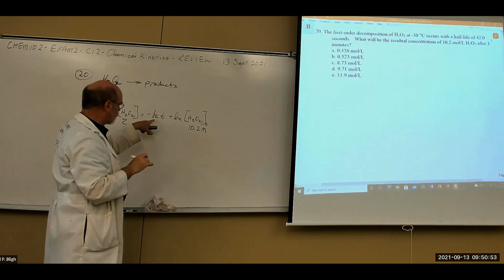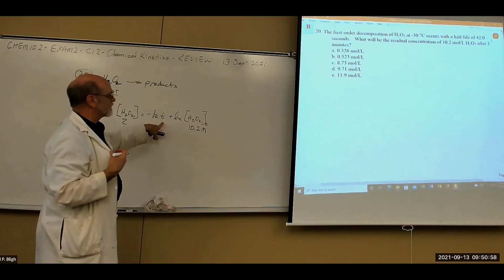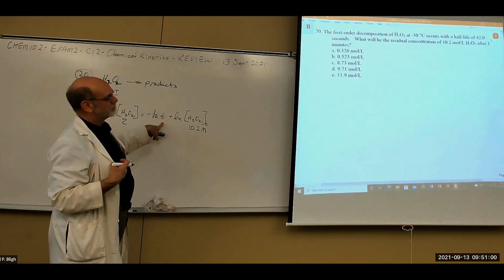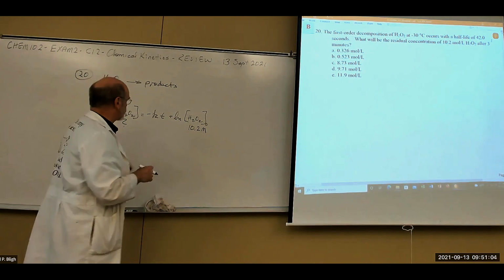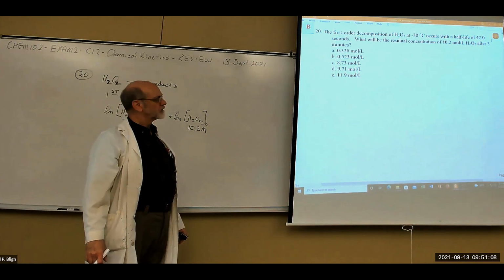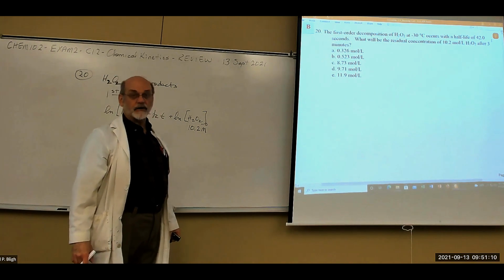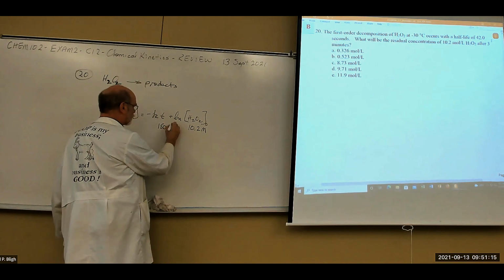But we need to know both this and that. So this one is going to be 3 minutes. 3 minutes is how many seconds? 3 times 60 is 180 seconds, right? So this is going to be 180 seconds.